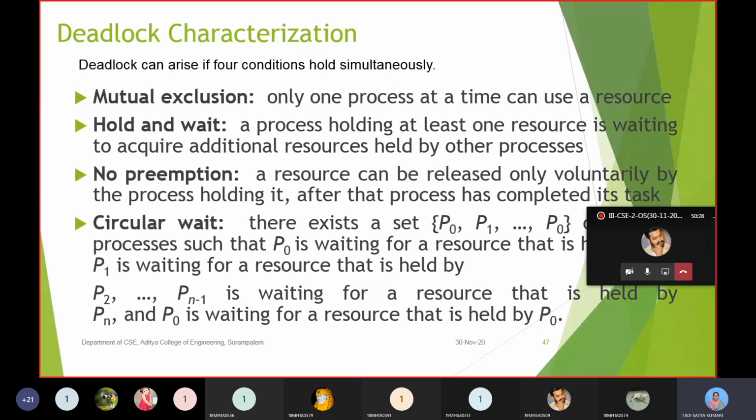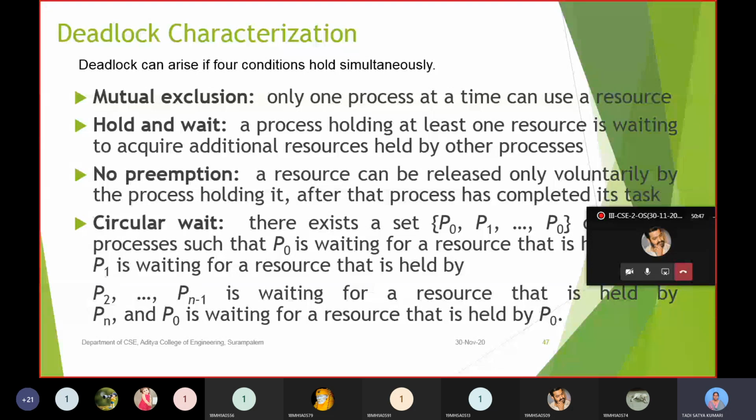Many processes will be loaded into the primary memory, but at a time only one process can use the CPU. No two processes can be executed by the CPU simultaneously. It's not possible.